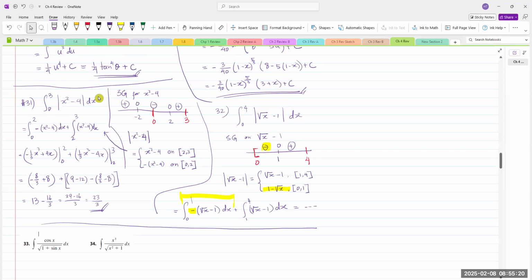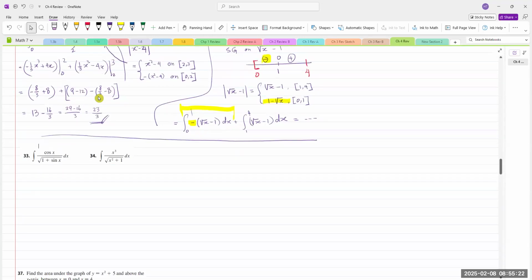Next one, number 33. Find that integral. Okay, my u is 1 plus sine x. So my du will be negative cosine x dx. The integral now becomes the integral of negative du over square root of u.